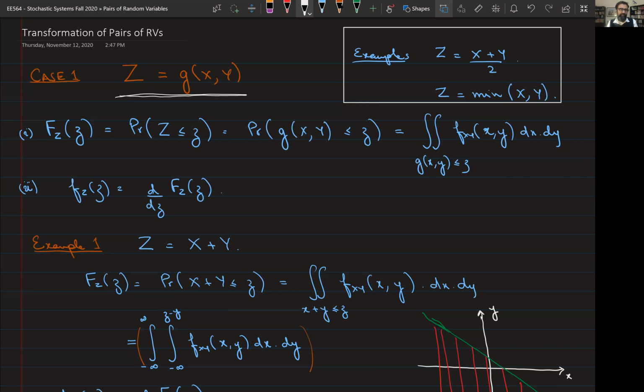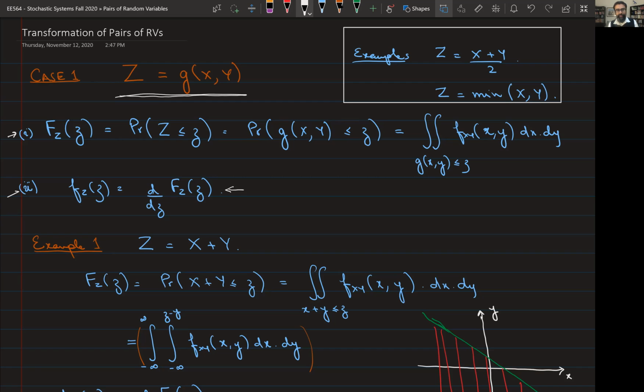There's no fixed formula per se. The approach I outlined was that we compute the CDF first, involving integration over a two-dimensional region, and then differentiate that CDF with respect to z, and obtain the PDF for z in the process. So this is two steps. Step number one, and then step number two.